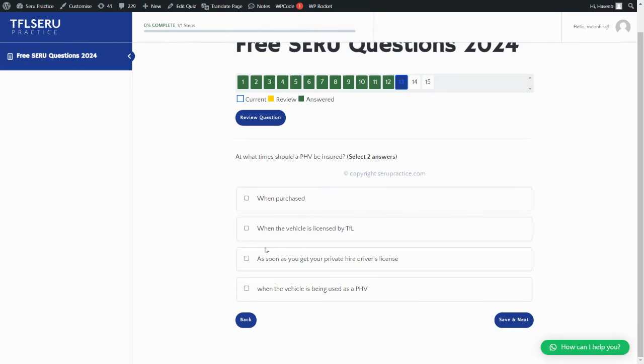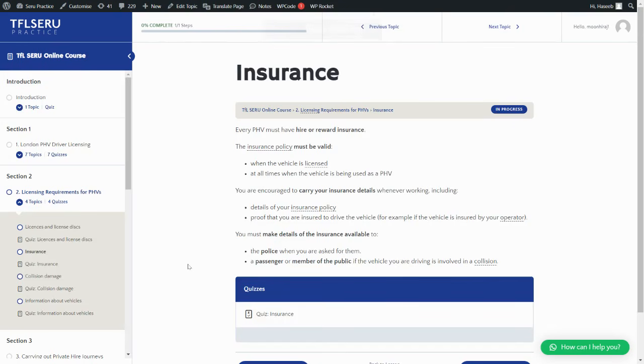Here this MCQ asks, what times should a PHV be insured? And we have to select at least two answers. If we go to section 2 of the handbook, in the section on insurance, we have this knowledge that the insurance policy must be valid when the vehicle is licensed and at all times when the vehicle is being used as a PHV.